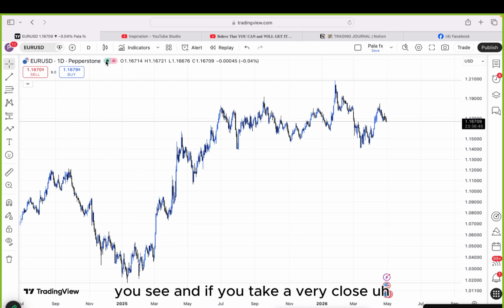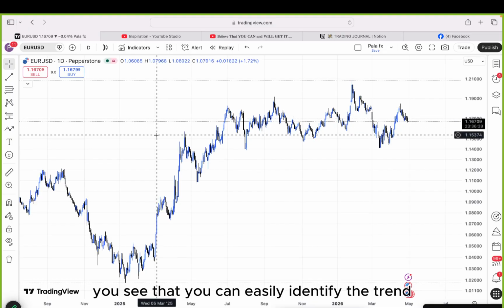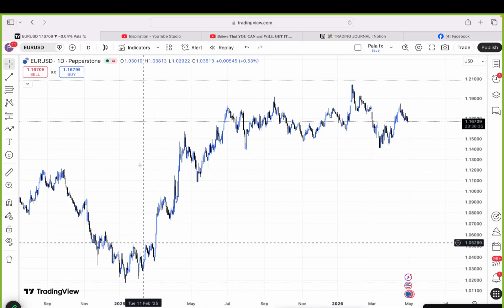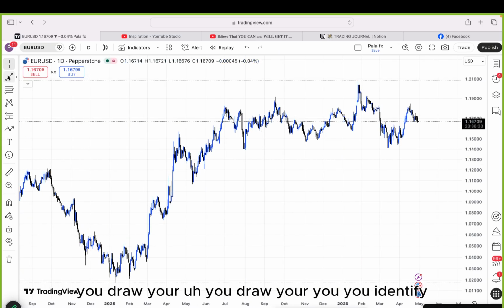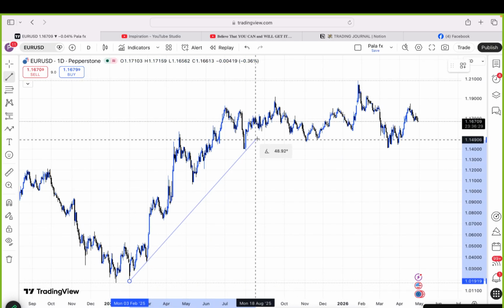If you take a closer look at the chart, you can easily identify the trend, which is an uptrend. You look for your trend line and draw it.